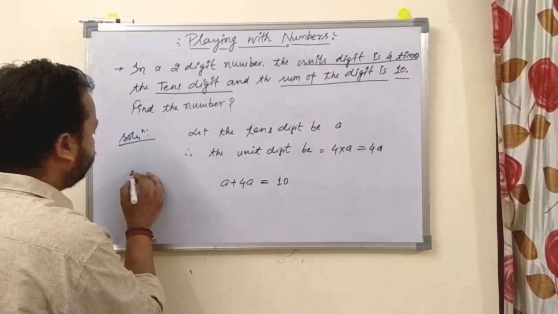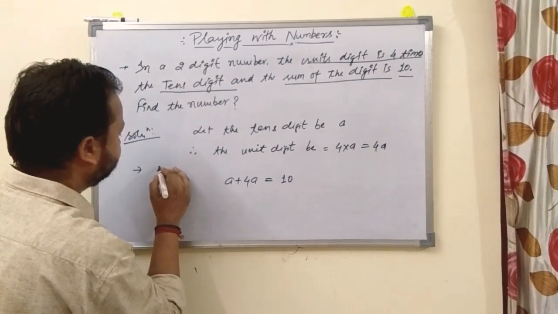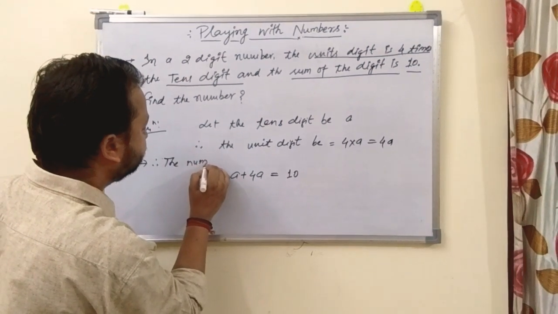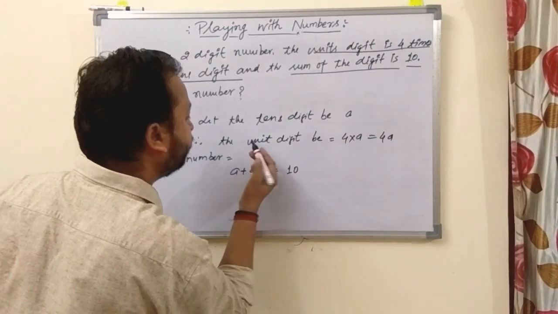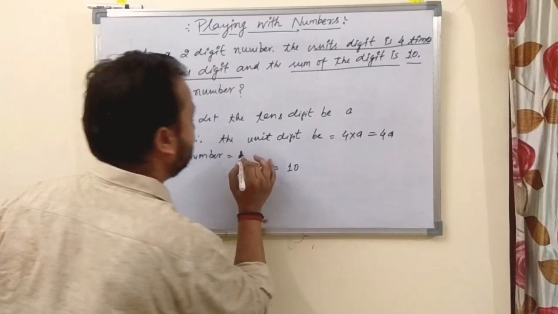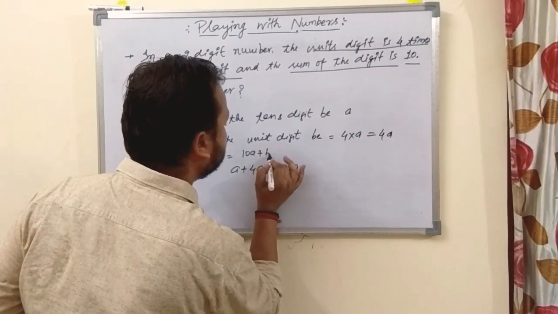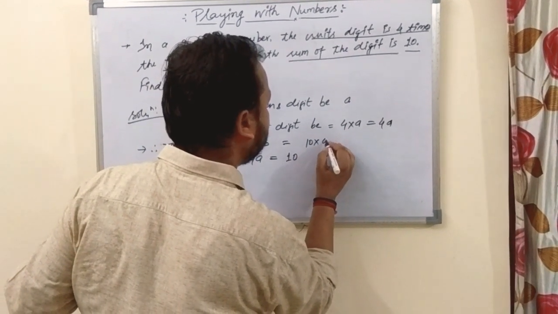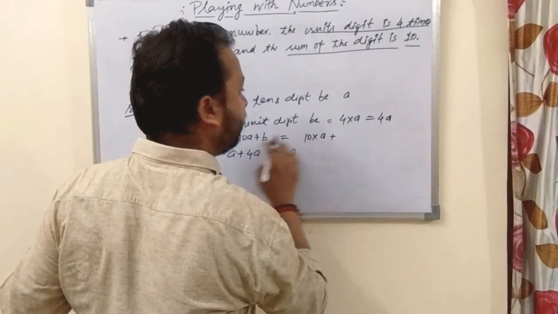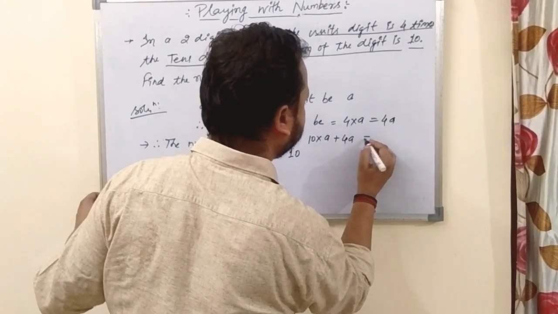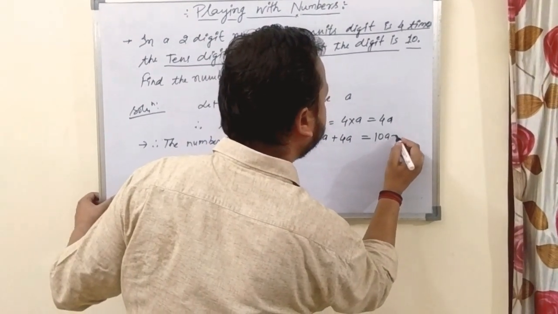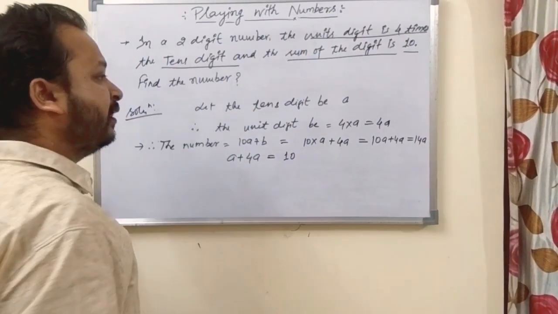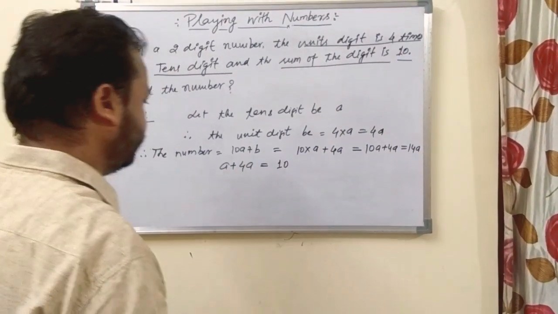And it is also given that sum of the digits is 10, means A plus 4A equals 10, right? And one thing you also have to mention, the number. Therefore, you know the general form of the number is 10A plus B. So 10 multiplied by A plus B means 4A. So 10A plus 4A, that is 14A. So 14A is the number.